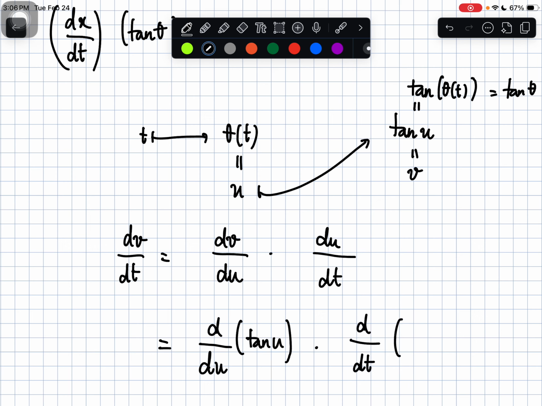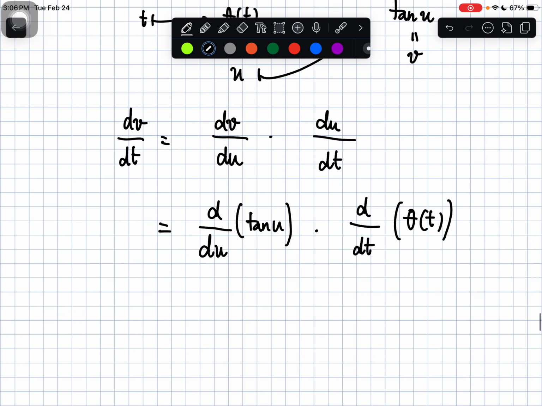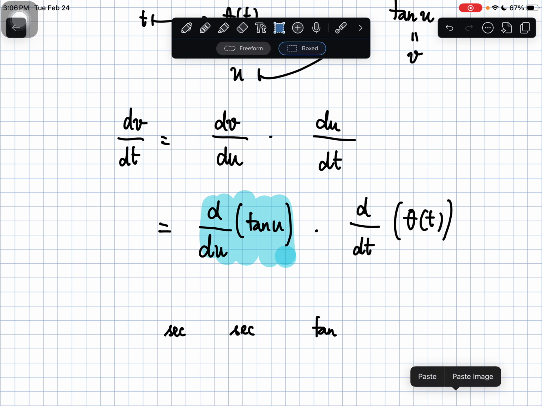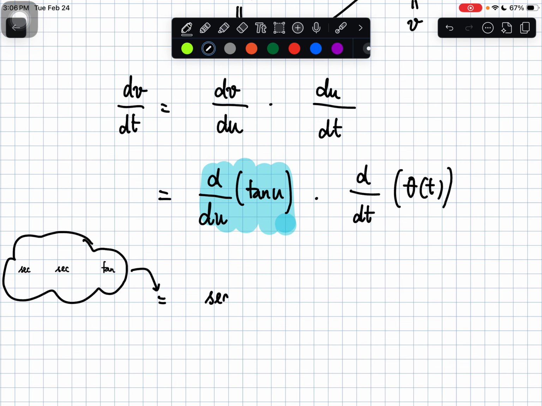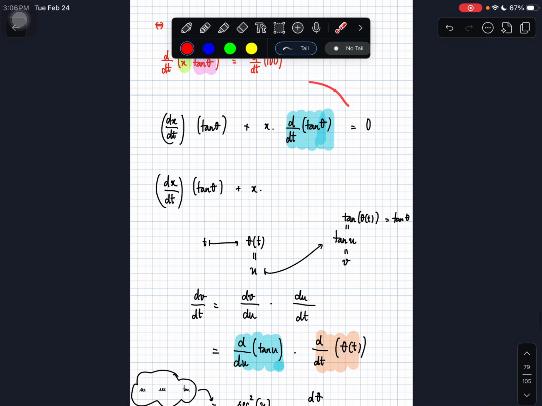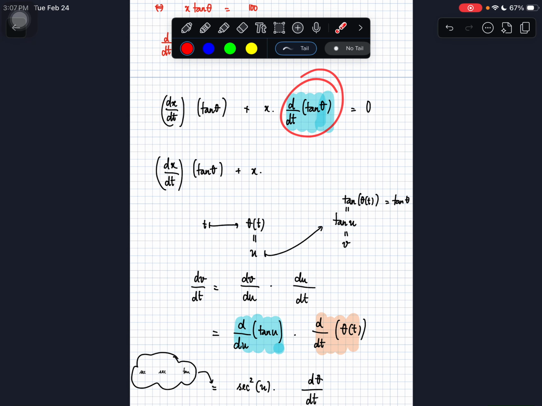So d over dt of theta(t). The derivative of tangent is secant square. So we have secant square of u times the second term, which I just write down as d theta over dt. So that is x times this one.